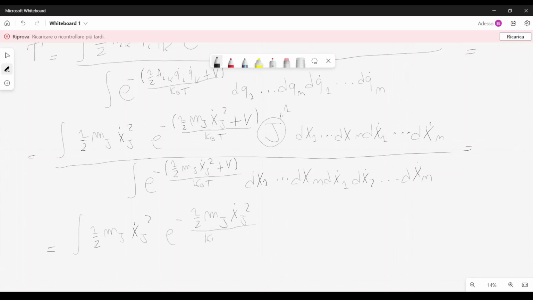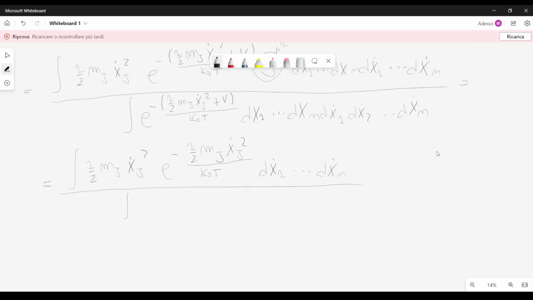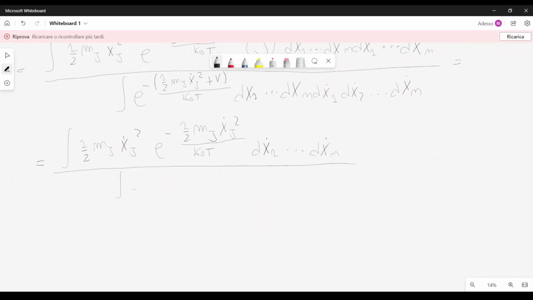Here we have k_B T dx dot 1 ... dx dot n, and we divide by the integral of e to the minus 1/2 m_j x dot j squared over k_B T dx dot 1 ... dx dot n.